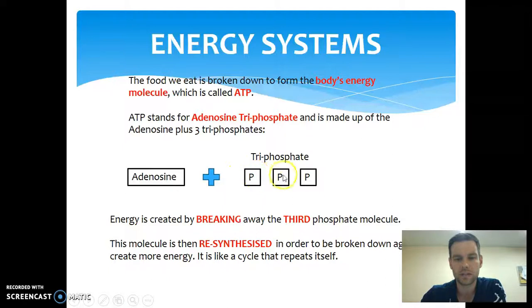All these bonds here are weak bonds. This bond here is a strong bond. This last one wants to break off. That breaking off of that third molecule is where we get energy, which you'll see in a minute. The good thing about ATP is it can then be resynthesized in order to be broken down again to create more energy.